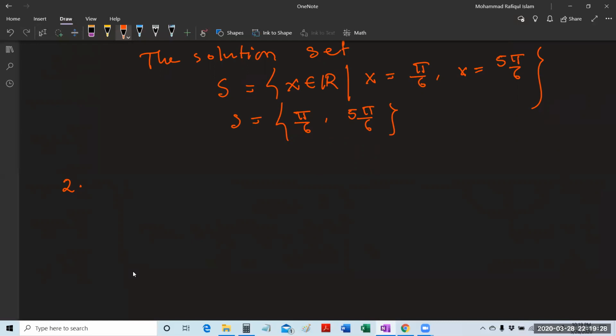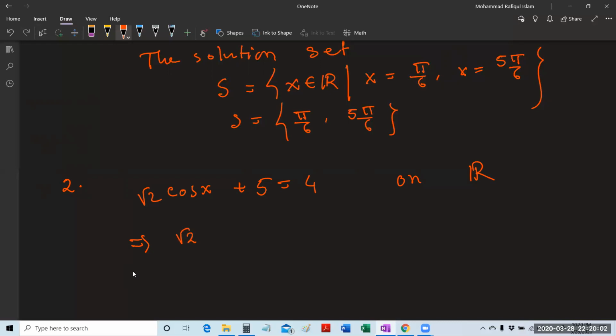Let's say we have this equation: root 2 cosine x plus 5, equals 4. We have to find the x values on real numbers, the set of all real numbers. There is no limitation of intervals. Okay, so similarly, we can subtract 5 from both sides.